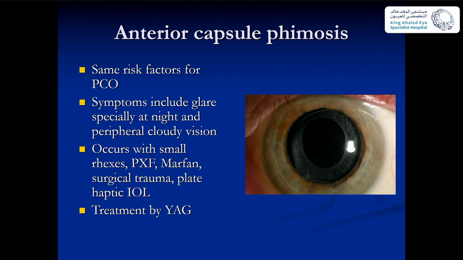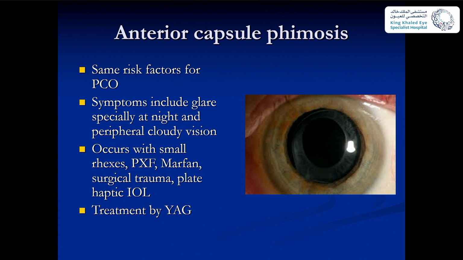Other factors are posterior capsule pseudoexfoliation, Marfan syndrome, and surgical trauma. Plate haptic IOLs are reported to have more capsular phimosis than others. Treatment is by YAG. We can do some radial extension of this phimotic capsule to clear the visual axis, for example.